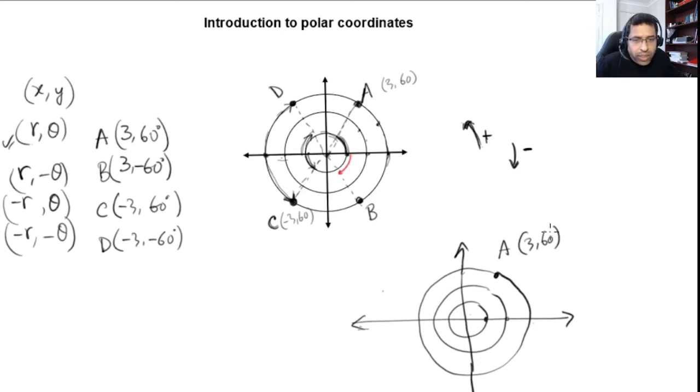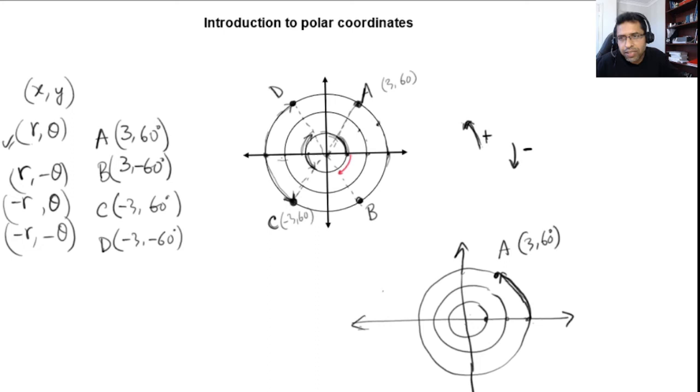What are the other ways we can count this point? You know this is 60-degree and 3, we are just going 3 and then positive 60-degree, which, if you go like that, gives you positive 60-degree, right? Now, is there any other way we can represent this angle or this point?